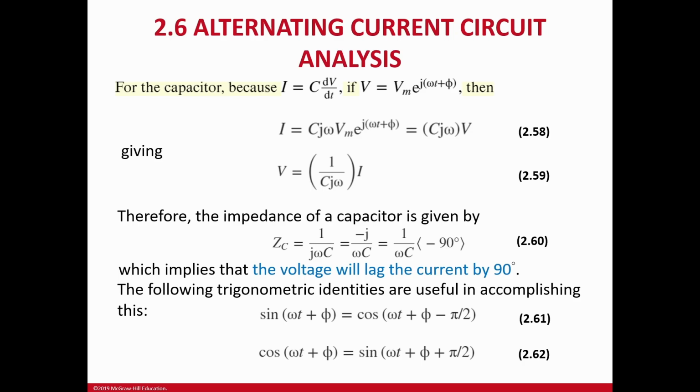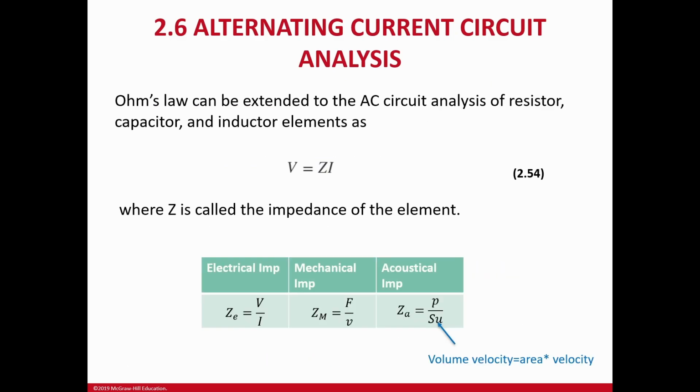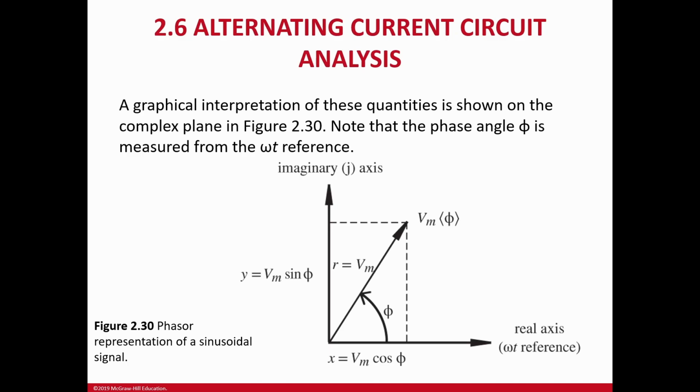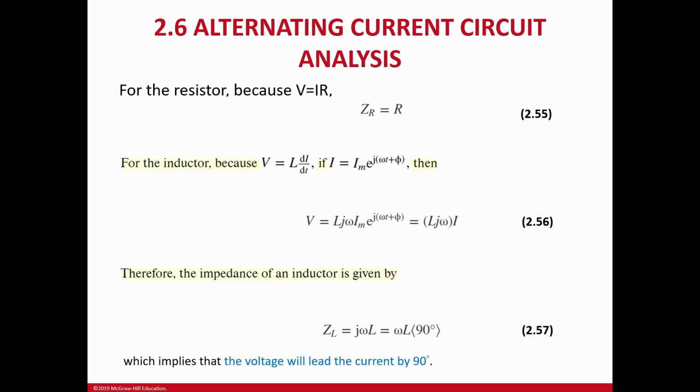Then you can change this j omega from the denominator to the numerator, and it becomes minus j. And where is the minus j? Minus j is in this direction, so it's a minus 90 degree. Okay.